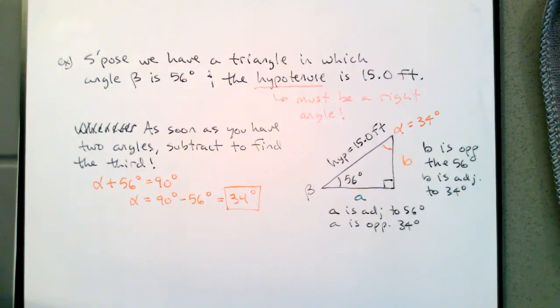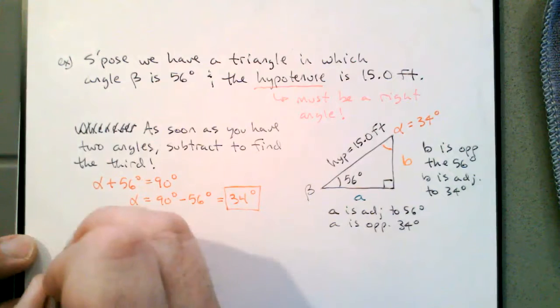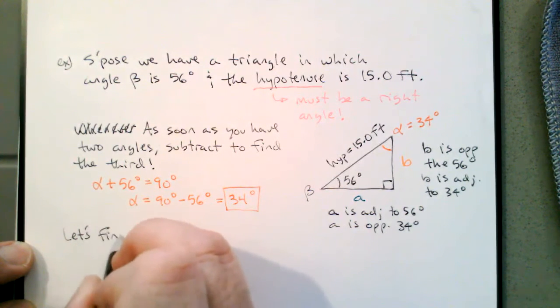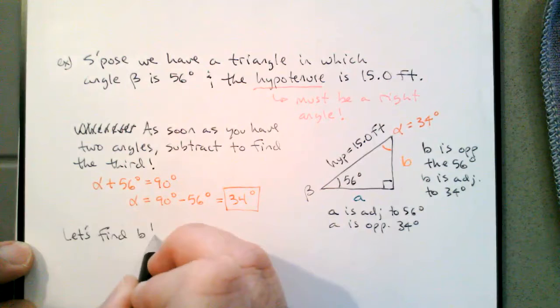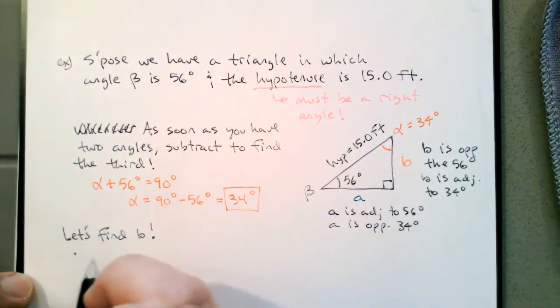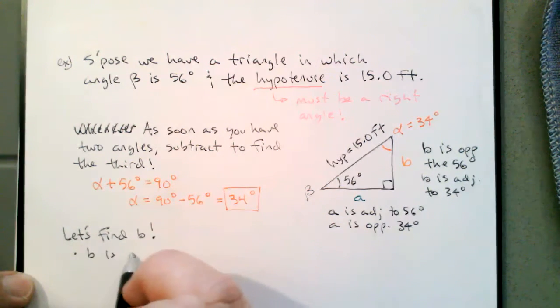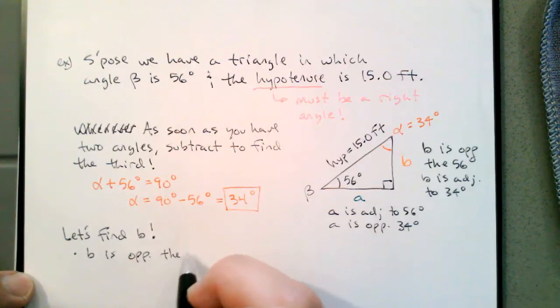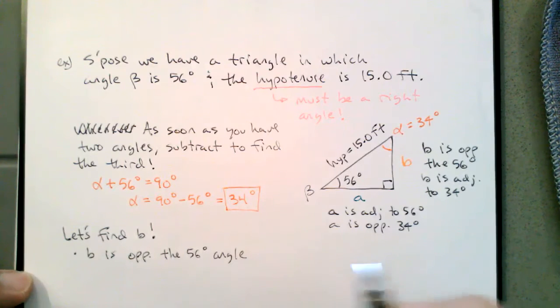The other piece of information that I have is the hypotenuse. So let's find B. Let's make a note of that. So I'm going to observe that B is opposite the 56-degree angle, and I chose the 56 because that was the given one.